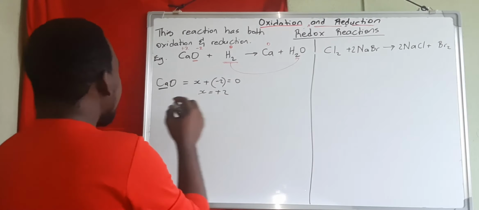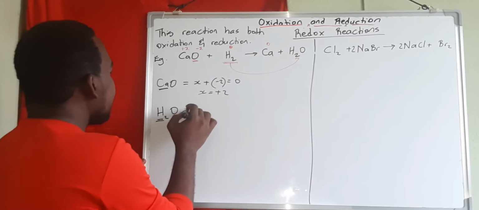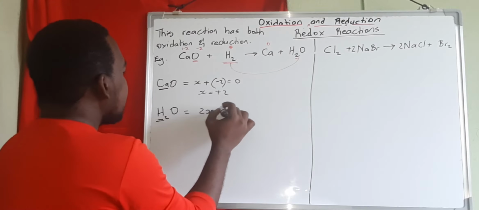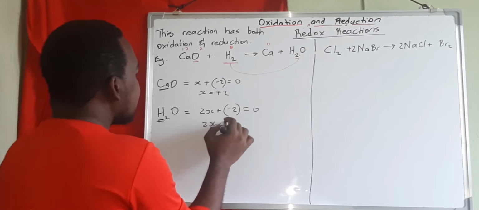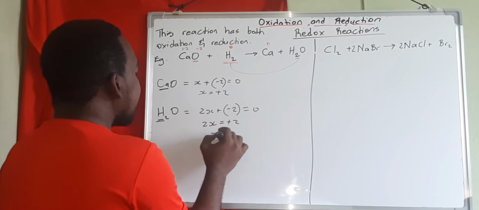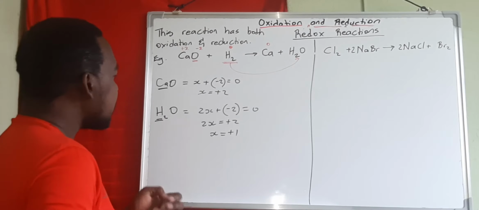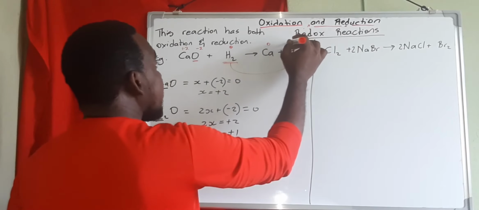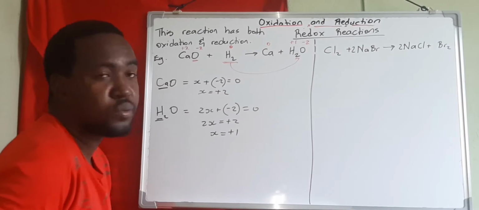So for water, that is 2x plus 1 times -2 equals 0. So we have 2x, we take the negative over, so it becomes +2, so x is +1. So water has H at +1, and oxygen is still -2.